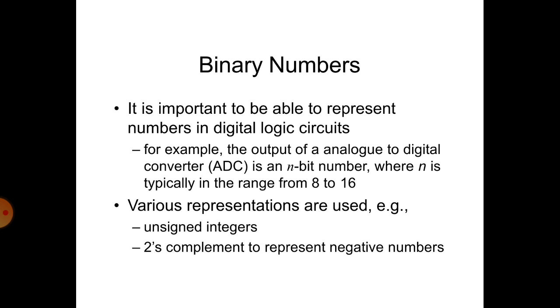For example, the output of an analog to digital converter, that is ADC, is an n-bit number where n is typically in the range from 8 to 16. So various representations are used. Examples: unsigned integers and signed integers, that is 2's complement to represent negative numbers.